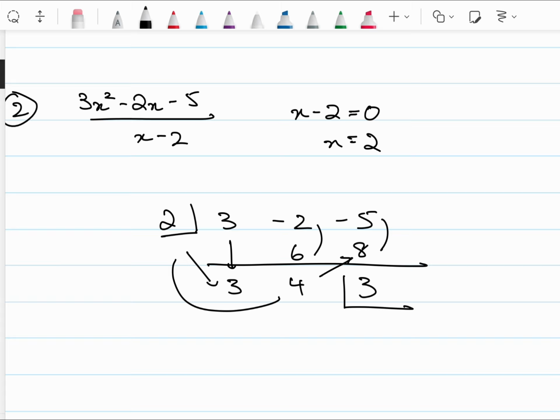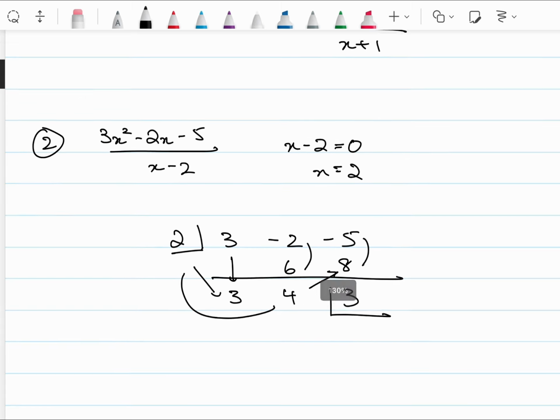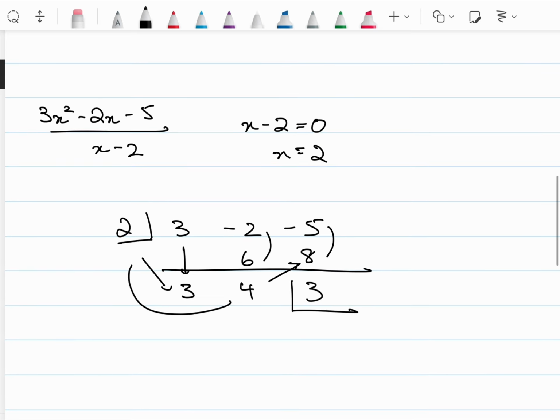And your last term is your remainder. So here we get 3x plus 4 plus 3 upon x minus 2.